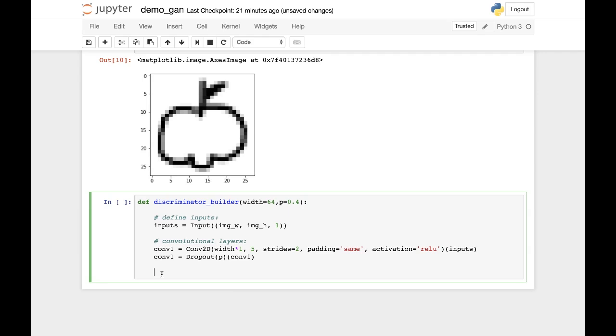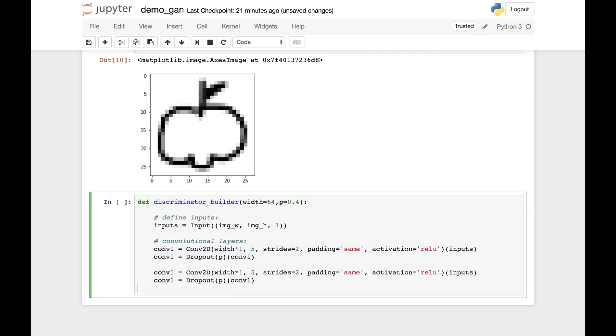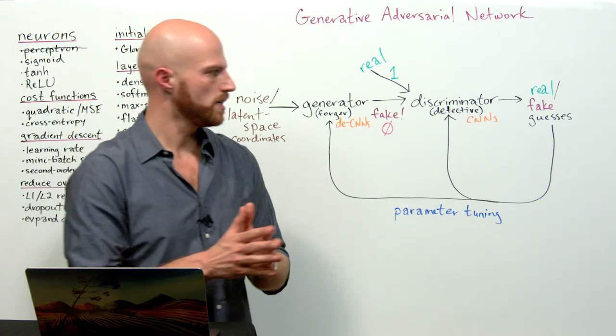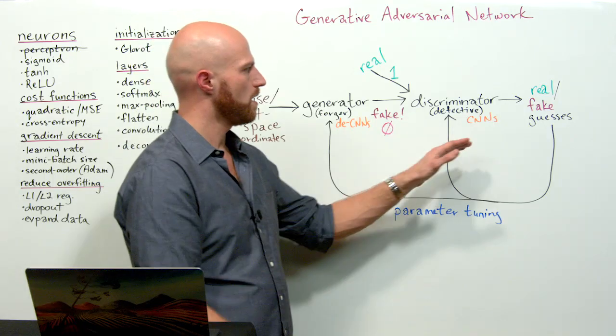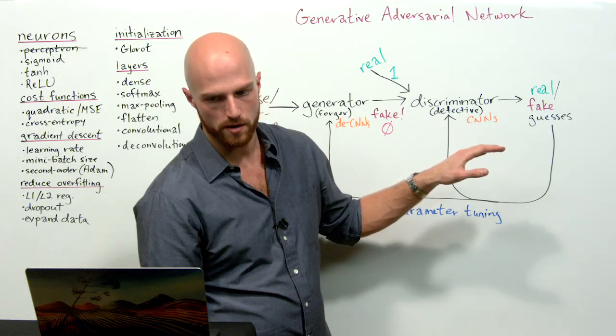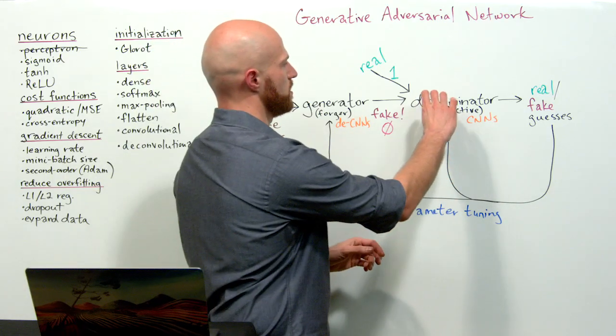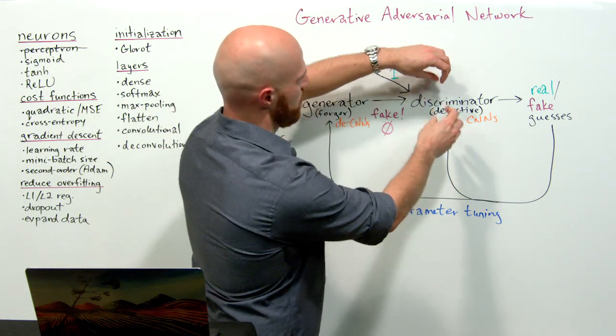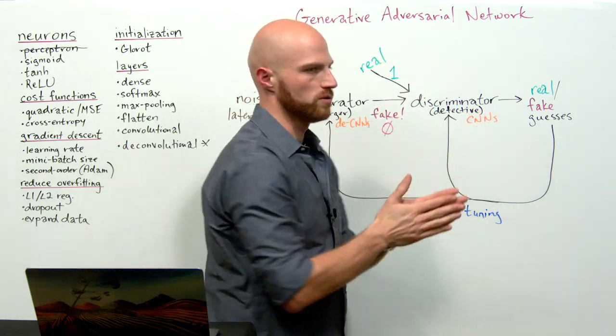Okay, now we're going to add a second convolutional layer by copying and pasting that layer. We need to rename it convolutional 2. And this time, we're going to have 128 neurons in the layer. So our discriminator is going to have gradually more filters as we go deeper with our convolutional layers.